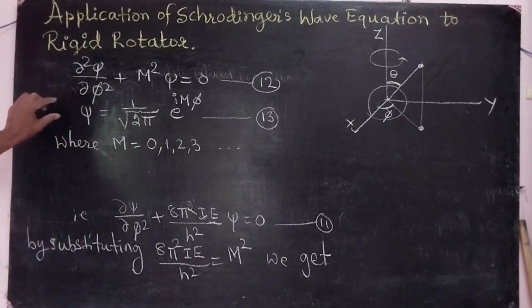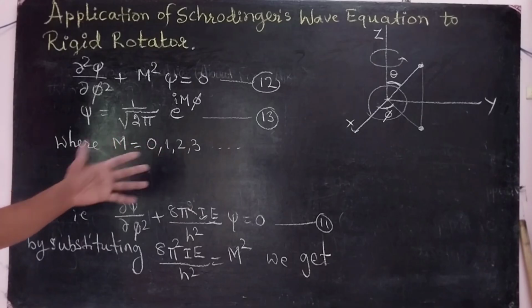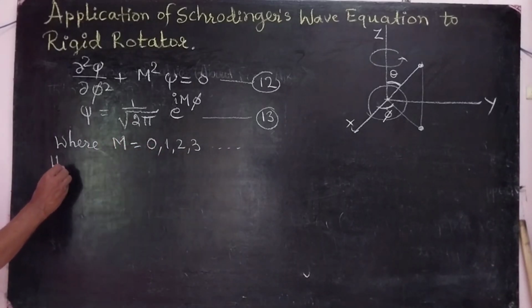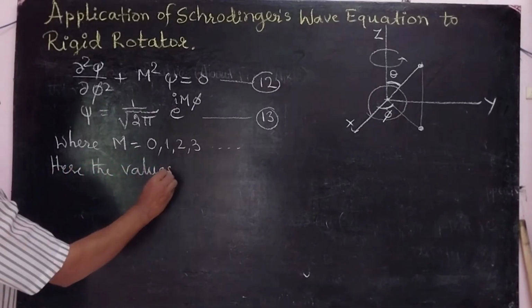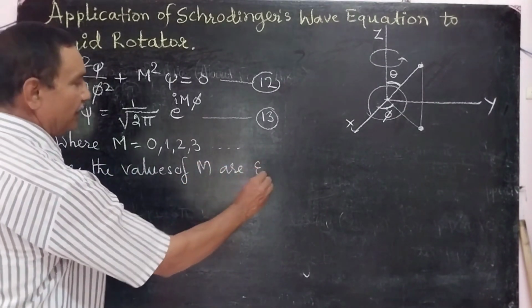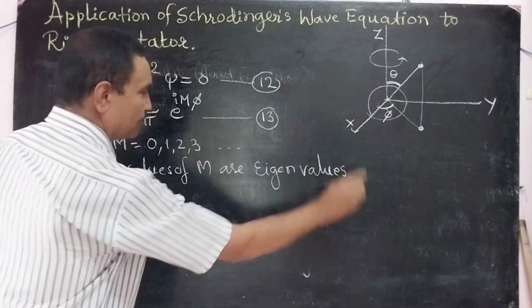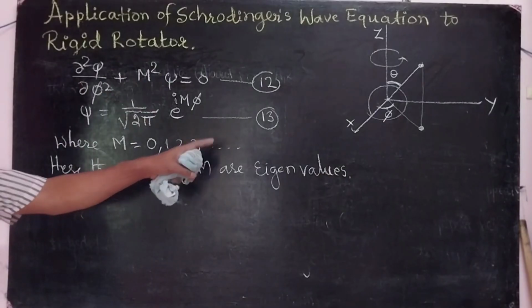Equation 13 is the equation for a rigid rotator rotating about a fixed axis, that is the z axis, in the xy plane. Here the values of m are the eigenvalues.